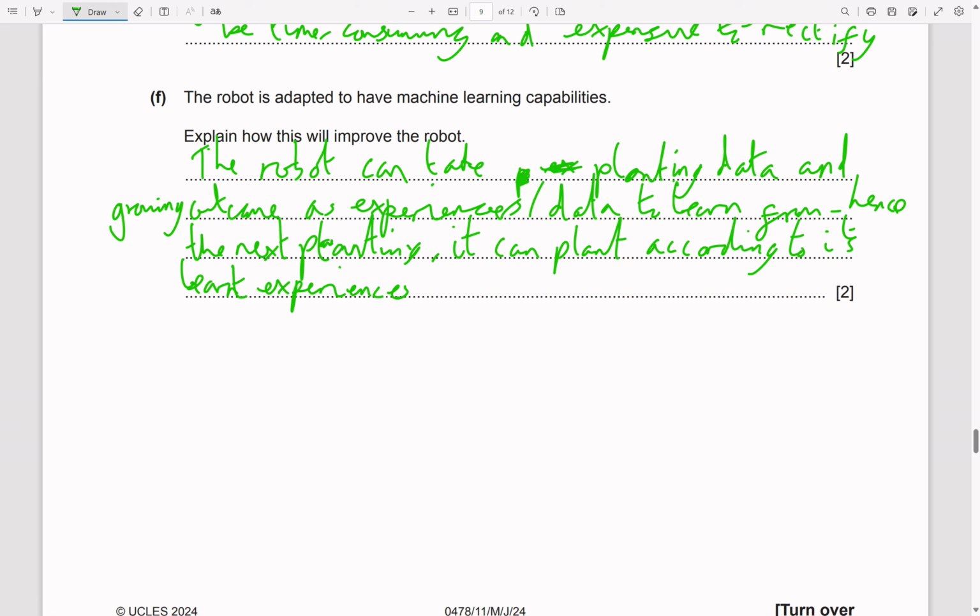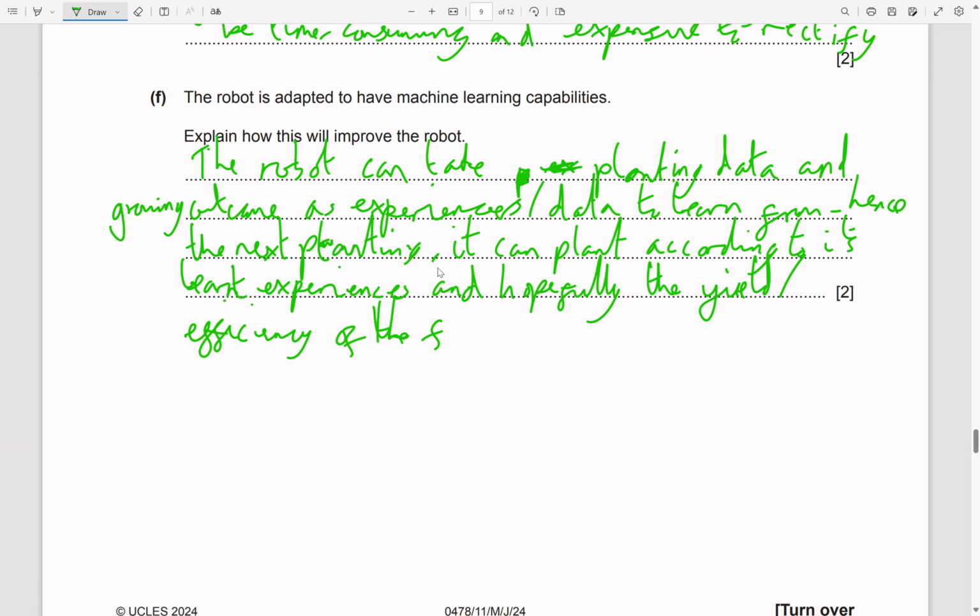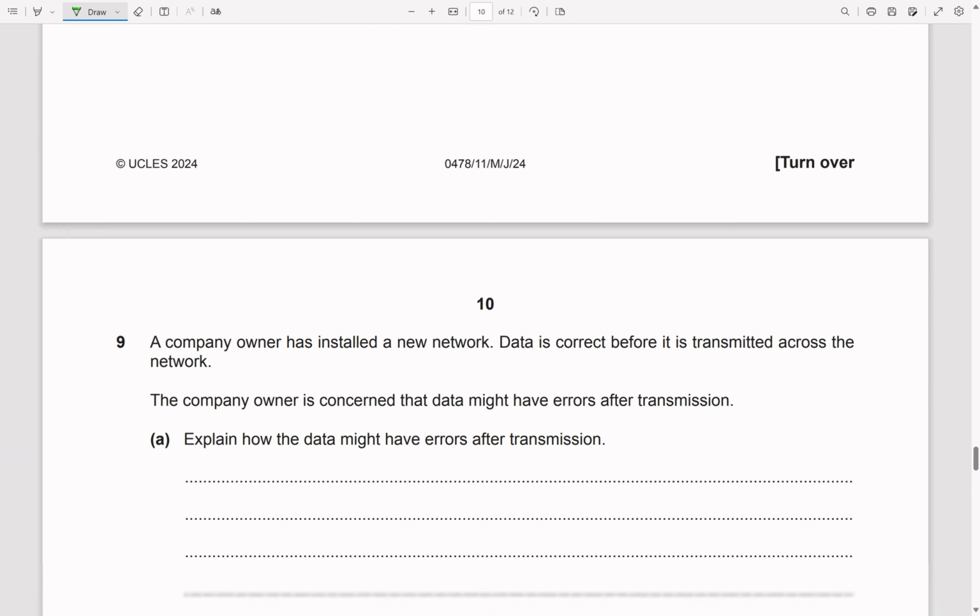That's probably not the best word, but it can plant according to its learned experiences, and hopefully the yield, the efficiency of the farm will increase. Alright, so again, probably not the best grammar and things, but hopefully that's got all of the details.